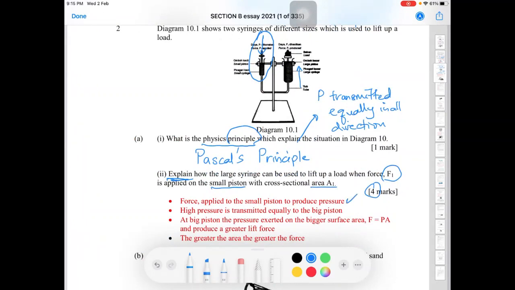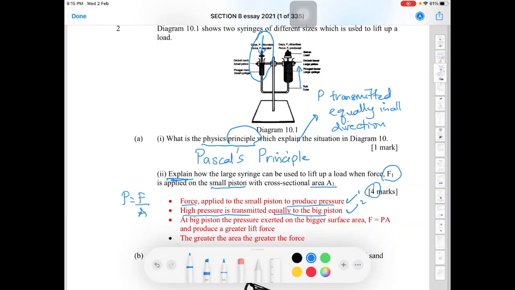Okay, so sebab pressure equals to force over area. Jadi force applied to produce pressure. 1 markah. Okay, high pressure is transmitted equally to the big piston. The pressure on the small piston will be transmitted equally to the big piston.